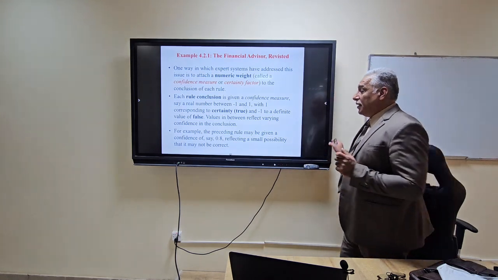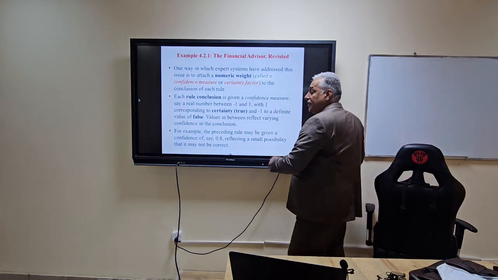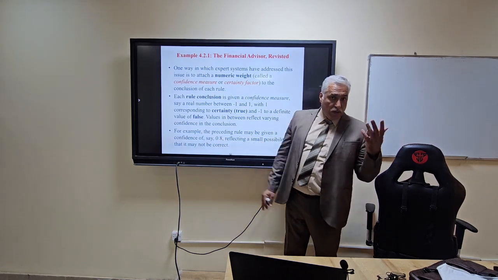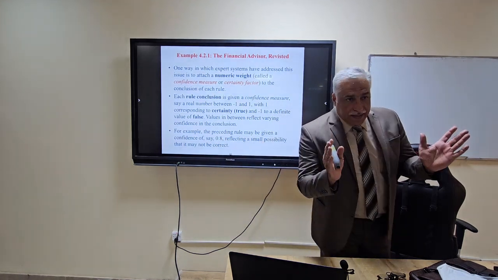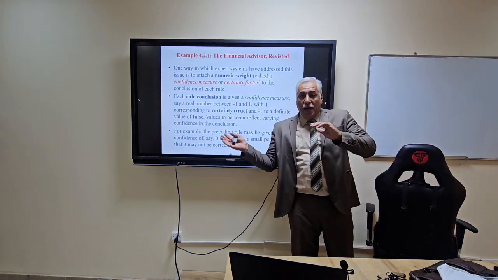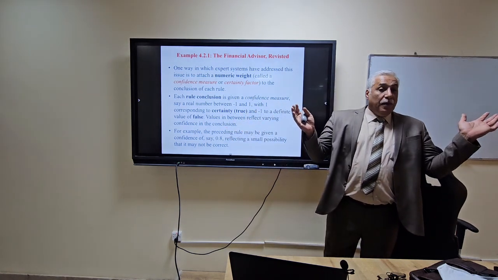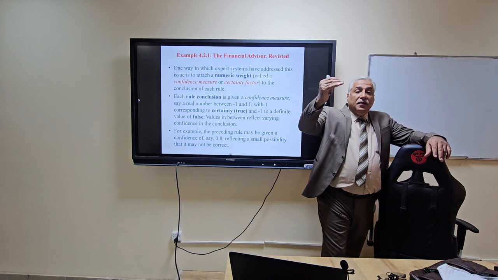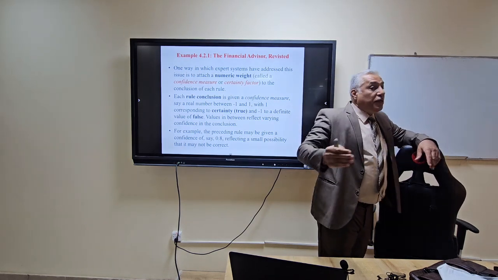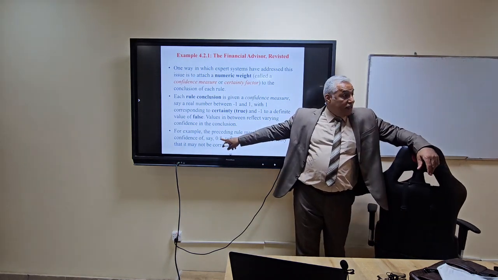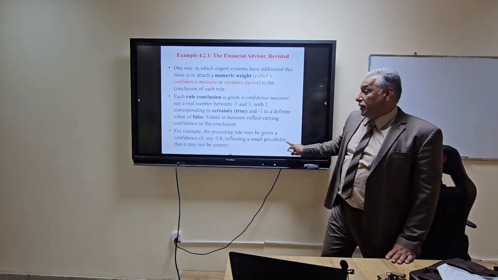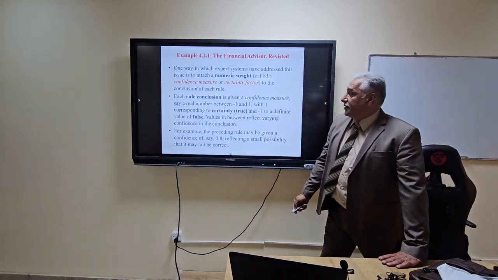For example, the preceding clause may be given a confidence of say 0.8. What's the meaning of this? This 0.8 is a value between -1 and 1. But 0.8 is near 1. That means this is nearer to succeeding than failing, reflecting a small probability that it may not be correct.